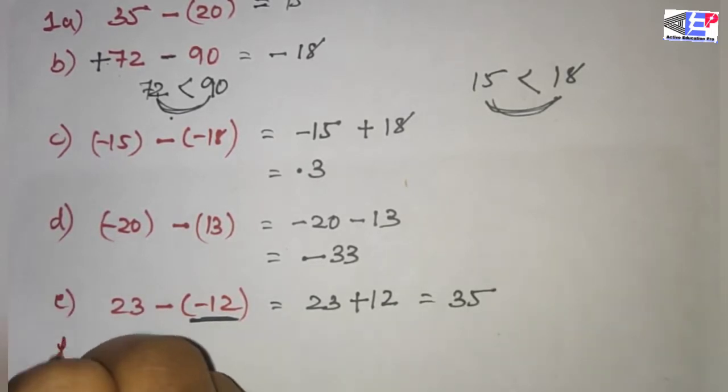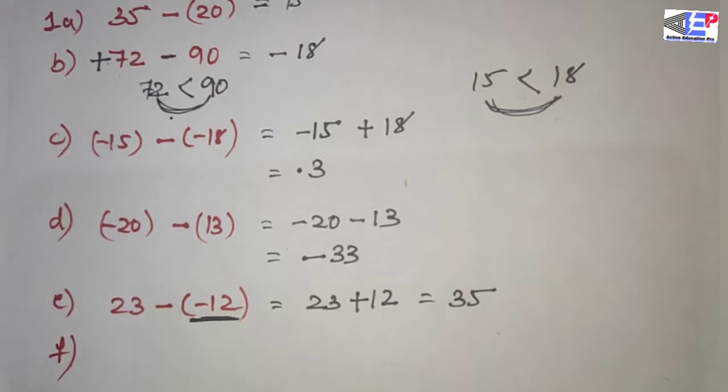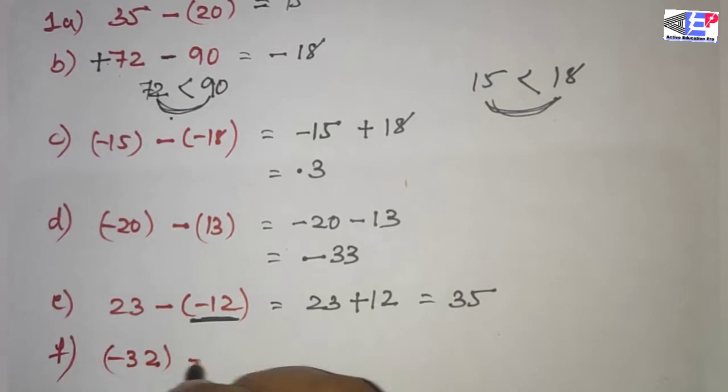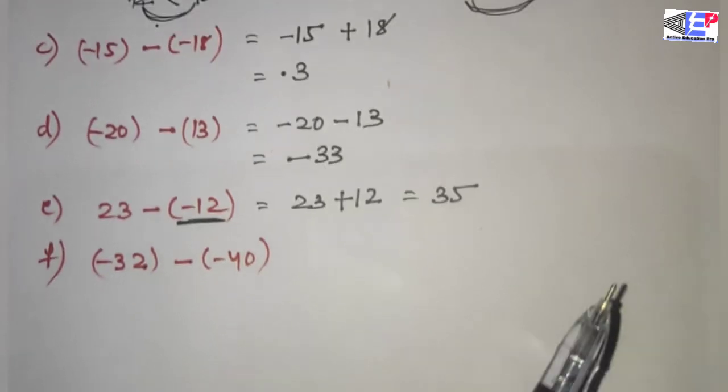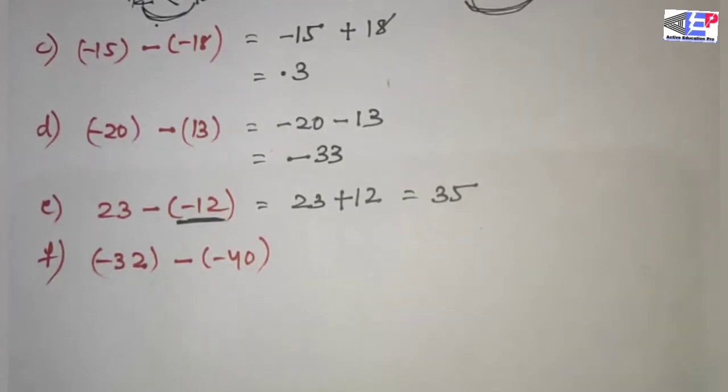And the last bit of question number 1 of exercise 6.3 of class 6 chapter Integers: minus 32, put a bracket, and then minus 40. Look here, in this example, both are negative integers. You have to subtract a negative from a negative integer.